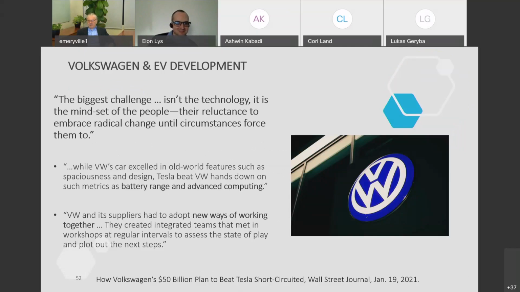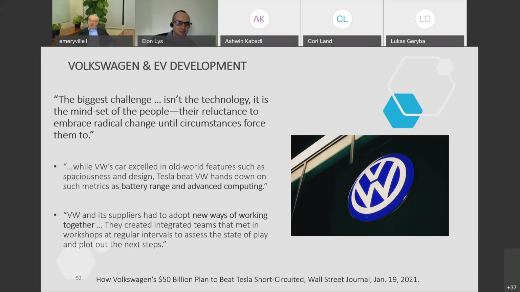You may have seen this yourselves in the Wall Street Journal this week, January 19th. Great article on Volkswagen spending billions on electric vehicles and autonomous vehicles, but kind of being left in the dust behind Tesla. There are a few quotes from this article. I hope you read the whole article. But here, the first line: the biggest challenge isn't the technology.